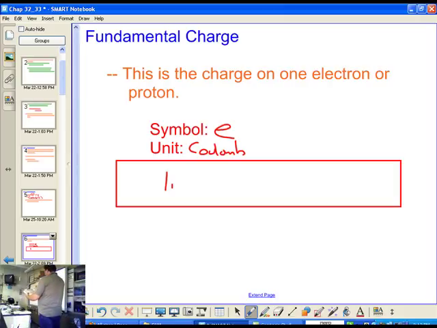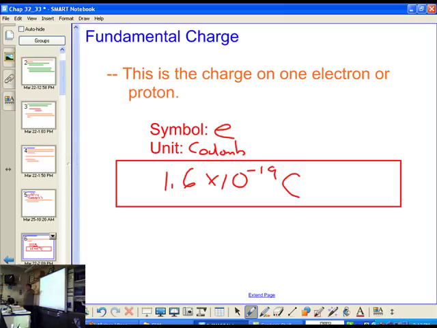Fundamental charge: 1.6 times 10 to the minus 19th coulombs. This is the charge of one electron or one proton. You can see, to get to one coulomb, we need a lot of them.